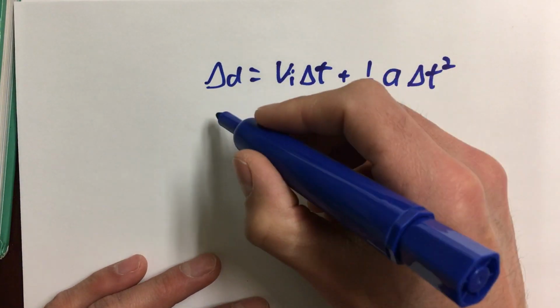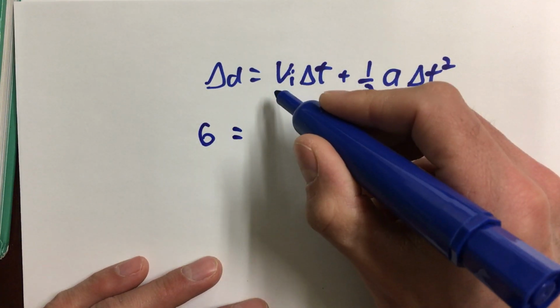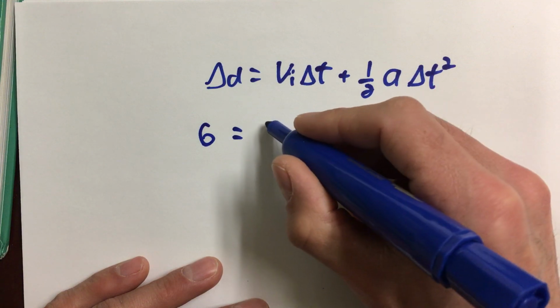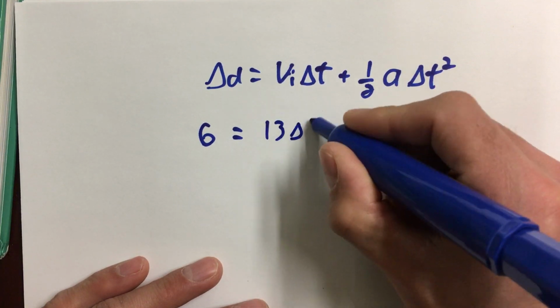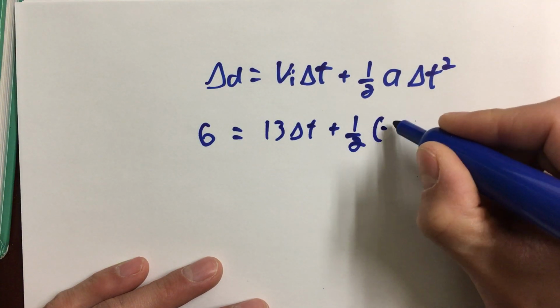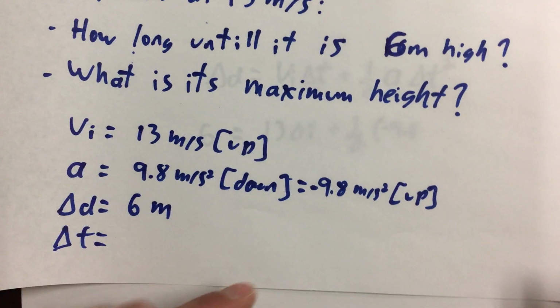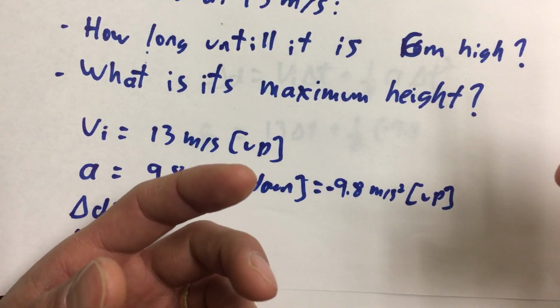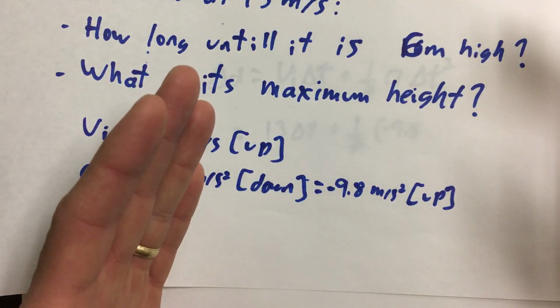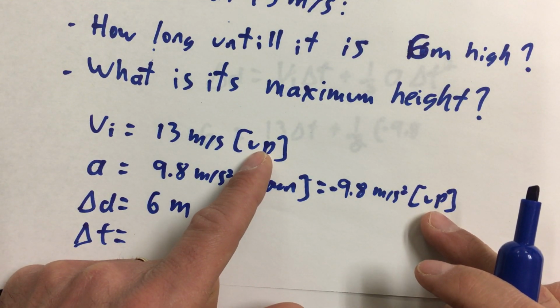My displacement was 6 meters. My initial velocity was 13. My acceleration was negative 9.8. You see, here's how we make our decision. To write everything down in an equation and just use simple algebra to solve it, we need everything in the same direction.